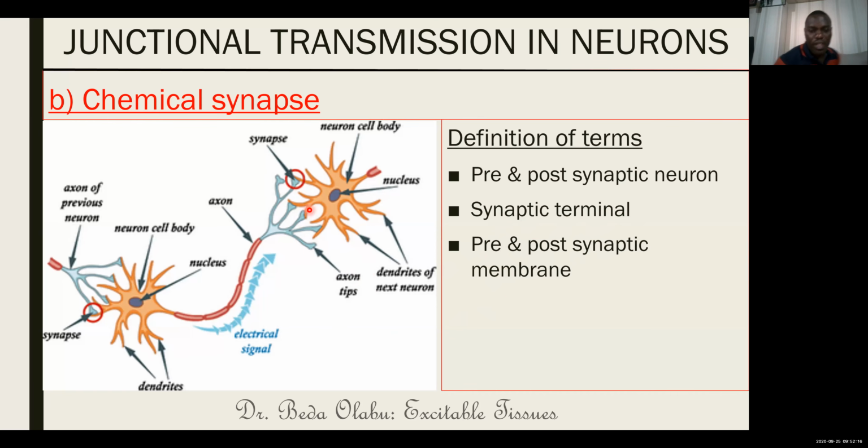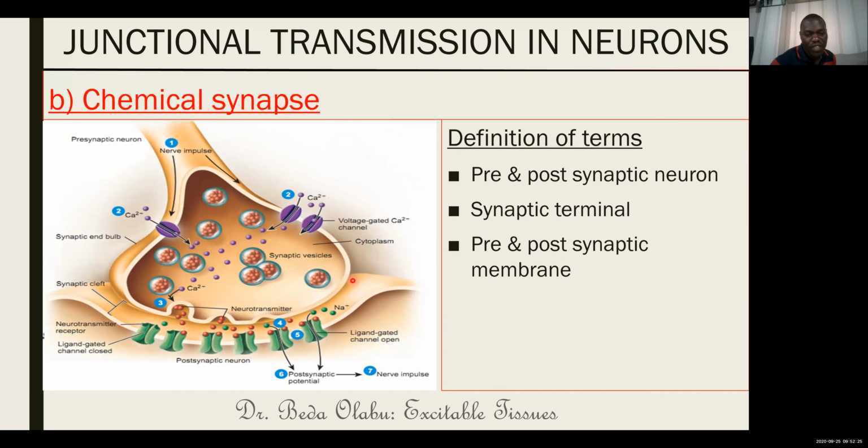The cell membrane of the dendrite that is receiving at the synapse is what we are calling the postsynaptic membrane. Maybe at a higher magnification, this membrane here is the presynaptic membrane, and this is the postsynaptic membrane.